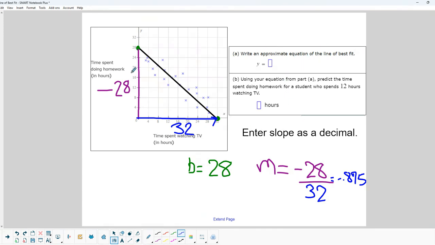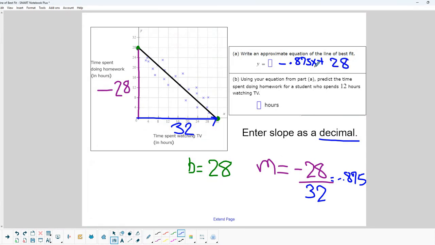Now they told me up here, well, did they say? They didn't really say how far to round it. It just said to put your slope as a decimal. Okay, so I'm going to do that. So I have y equals negative 0.875x plus 28.